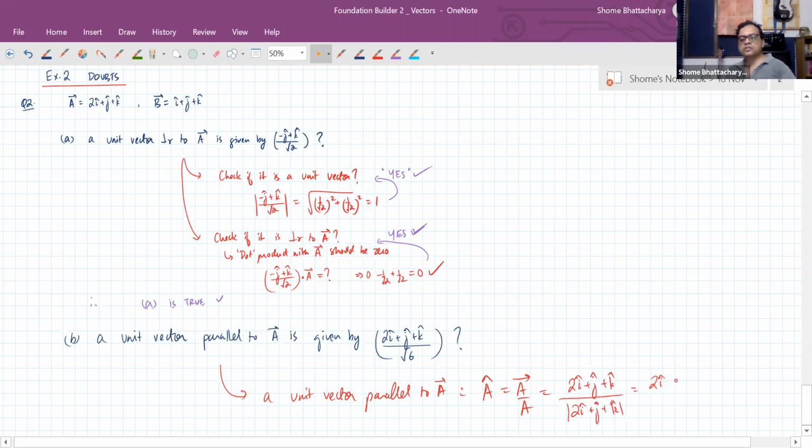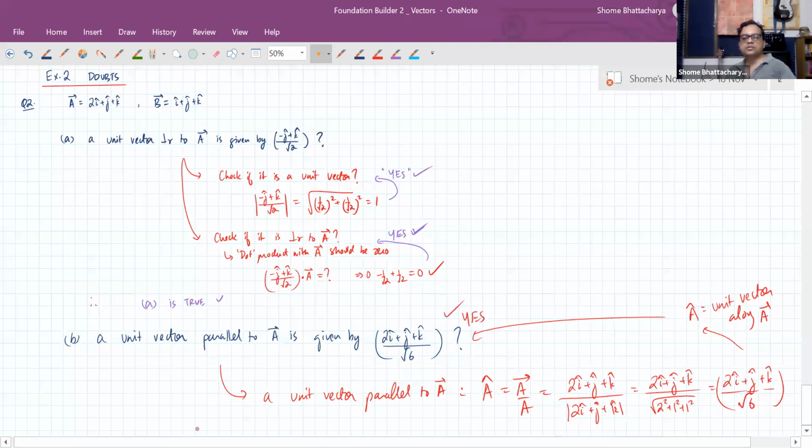So this is A cap, that is the unit vector along the vector A, and that is this only. So yes, that's true. So therefore, statement B is also correct.